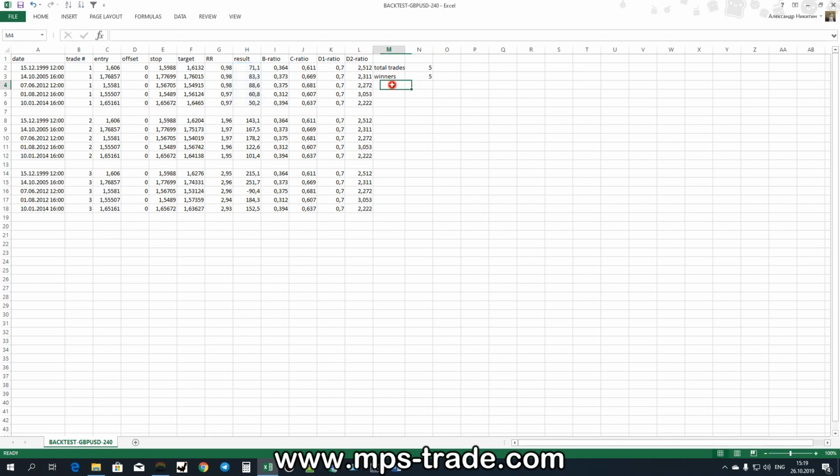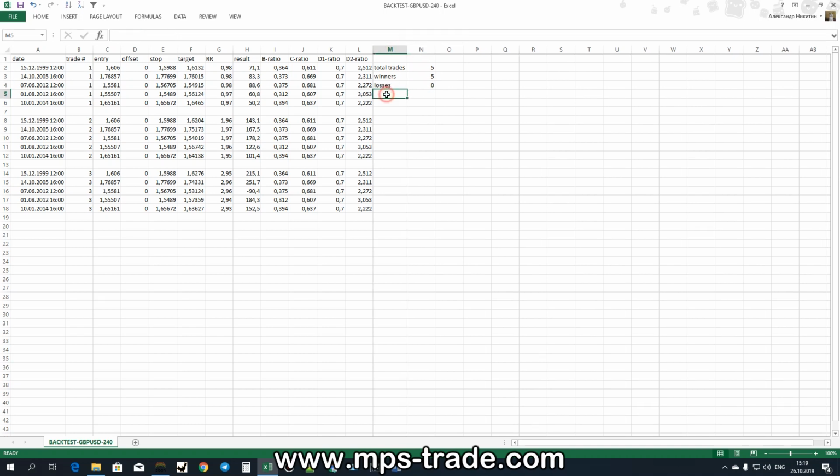Okay. And now let's calculate losses. We calculate losses in a very simple way. Total trades minus winners. So we have 0 losses. Out of 5 trades we had all 5 winners and we have 0 losses. It looks very nice. It looks like a 100% probability.